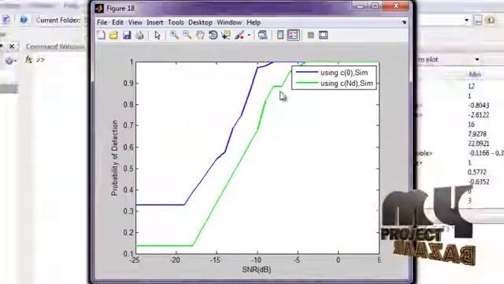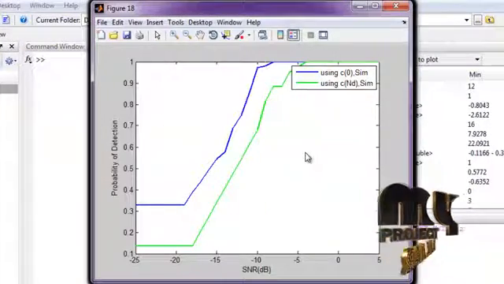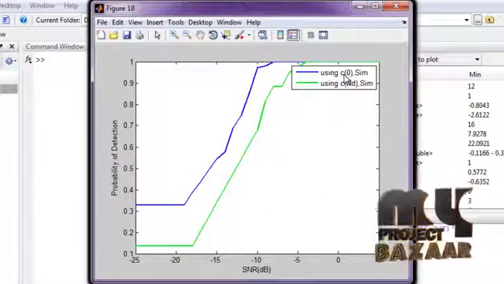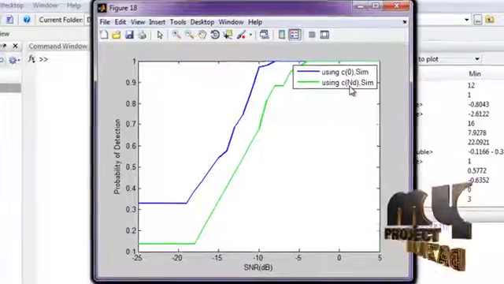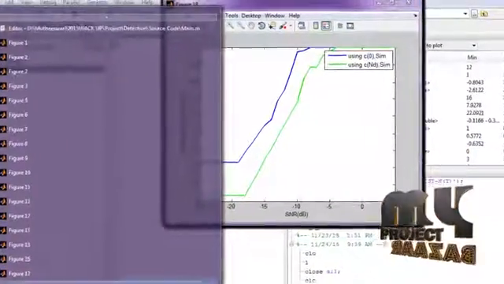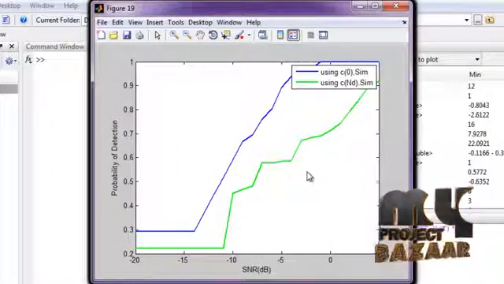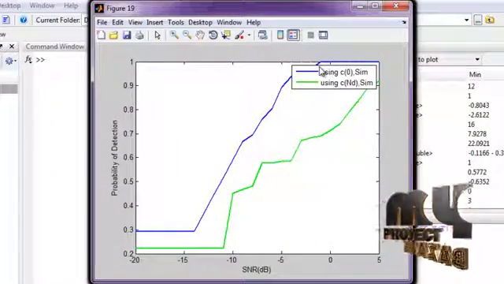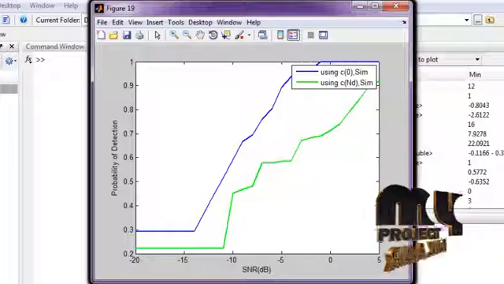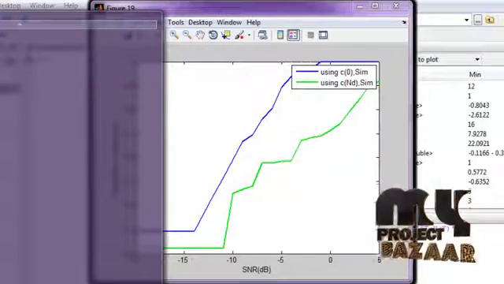And this is the probability of detection curve between AWGN and the OFDM signal, and this is the probability of detection curves between the AWGN simulated result and the OFDM simulated result.